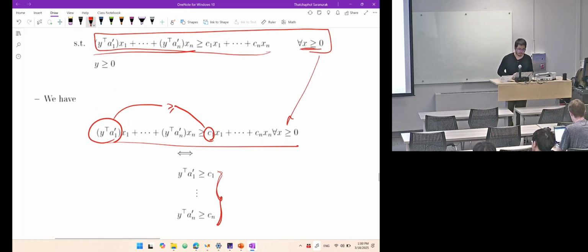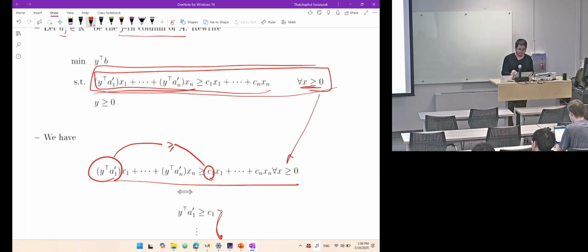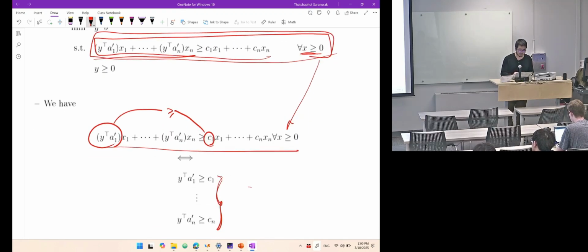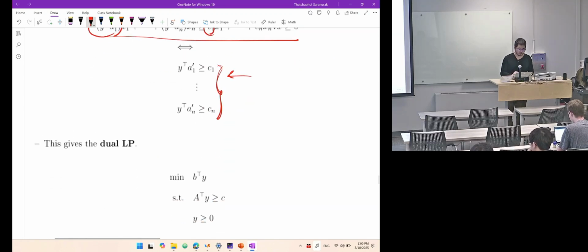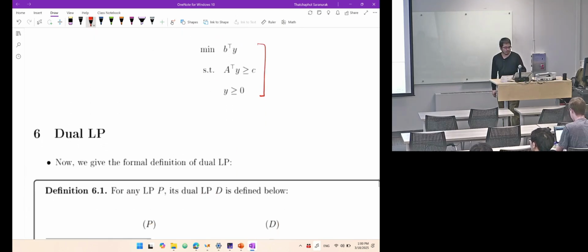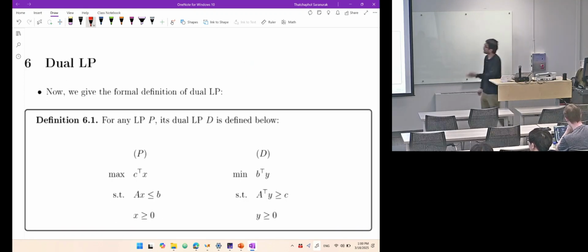It means that you can replace this big line here with many linear constraints. And you basically get this thing, which is another LP. Okay. So now I can define the dual LP precisely.